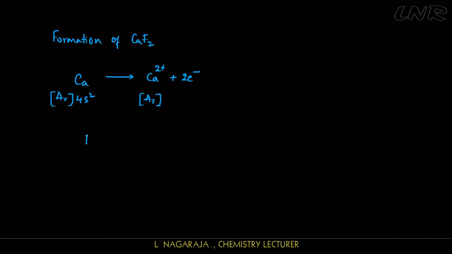And fluorine has the configuration helium 2s2 2p5. It requires one more electron to get the octet configuration. So it gains one electron and forms F-. This F- has the configuration helium 2s2 2p5 plus 1 electron, that is 2p6, right?